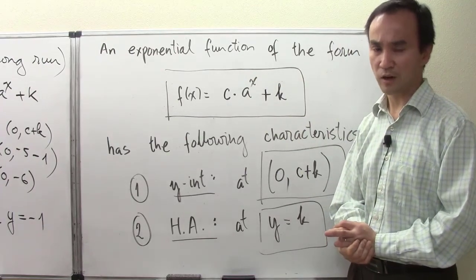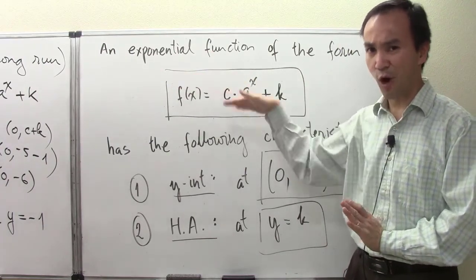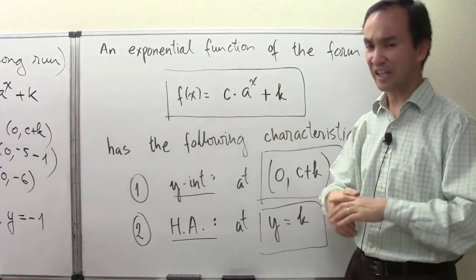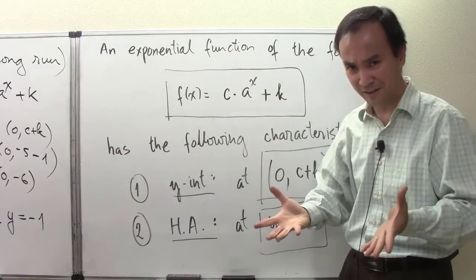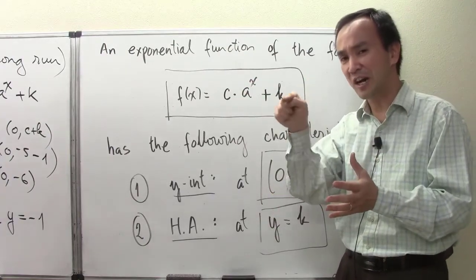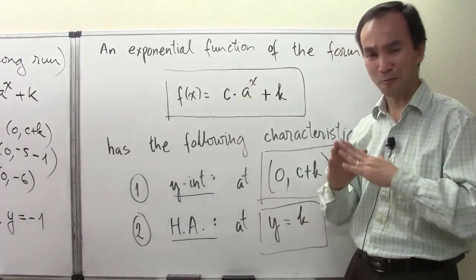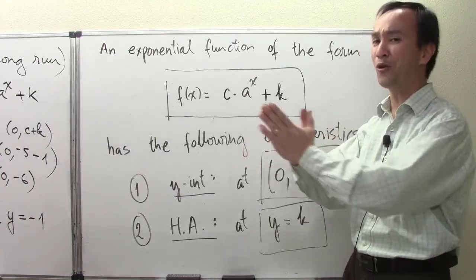But why is it all of a sudden that I made the statement earlier that we only need to focus on this form, and even among the general form, we just need to primarily focus on c times a to the x as our primary goal right there?